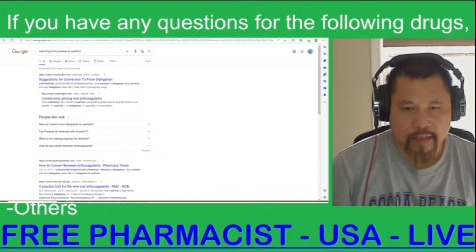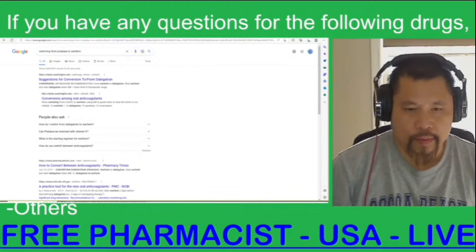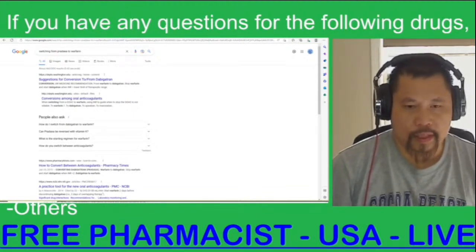If the patient doesn't have the Dabigatran on hand, you need to overnight the medication, and that may take 1 day or so to get to the patient's home.